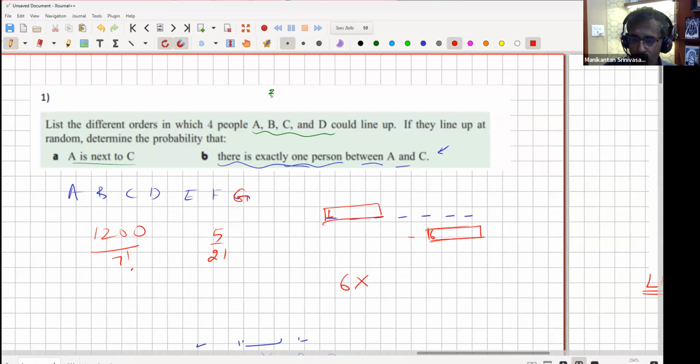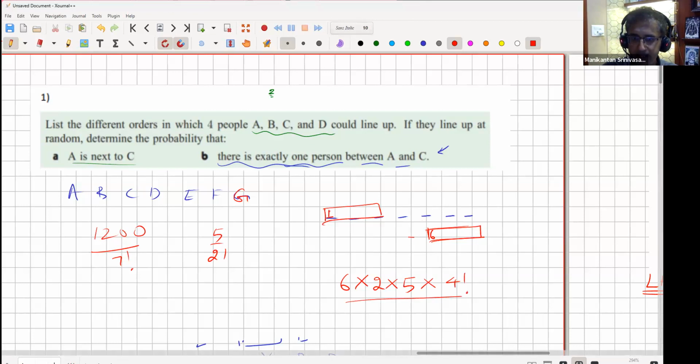And now when you open the box, A and C can be left, right, or right, left. That's 2 ways. Now, who's the chosen person who will be sitting between A and C among the remaining 5? I can choose anyone in 5 ways. And then the remaining 4 people can arrange themselves in 4 factorial ways. You agree? Okay. So as simple as that.